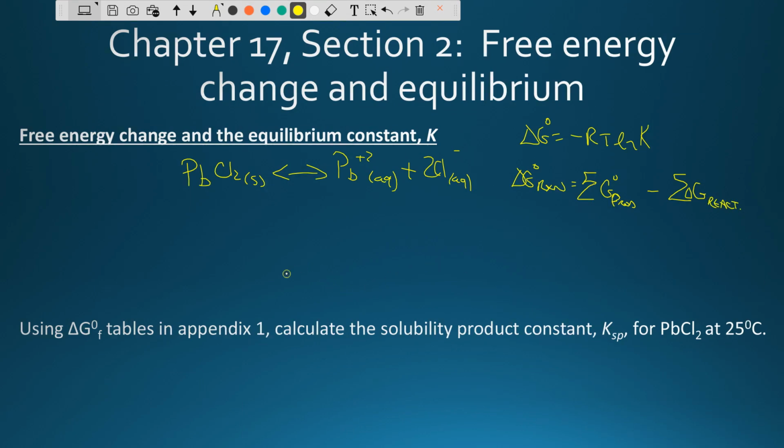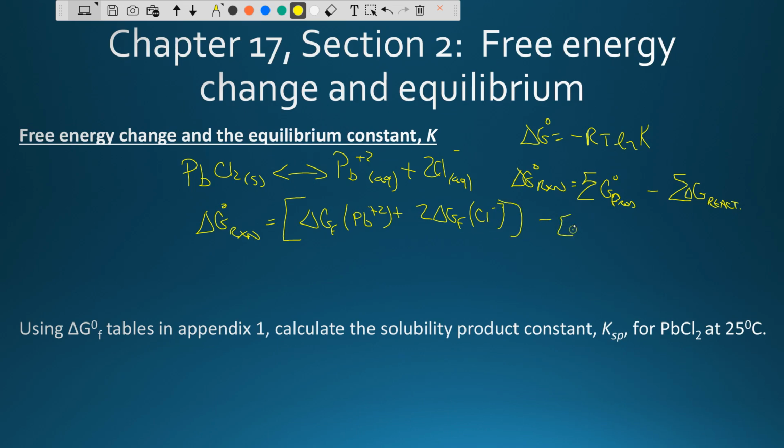And so to keep track of everything, let's take a look at my delta G of the reaction as a whole. That's going to be the delta G of the formation of my lead ion plus the 2 times the delta G of my chloride ion.